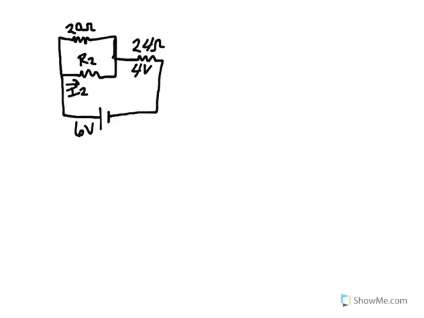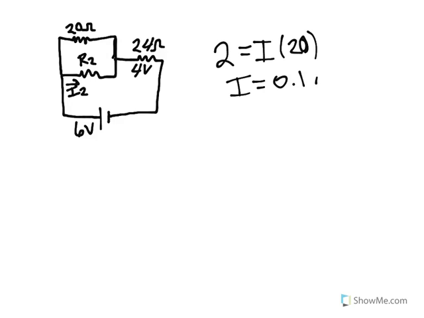then using Ohm's law on the 20 ohm resistor, I can get that 2 volts, which is the potential drop, is equal to the current going through that times 20. And when I divide 2 by 20, I get 0.1 amps.